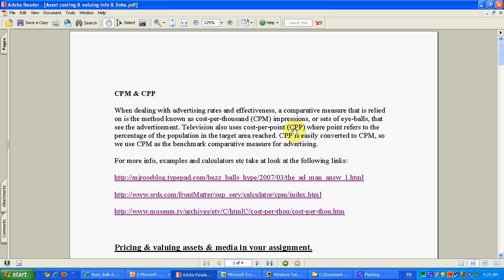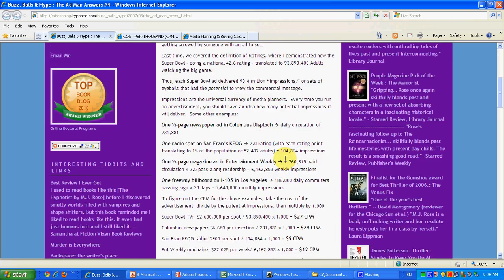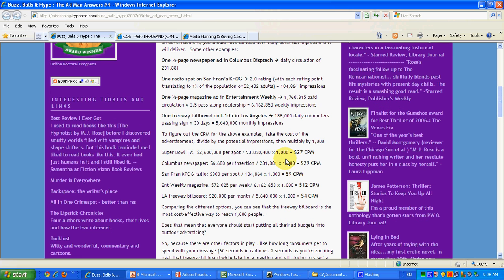Notes that in broadcast media we often see CPP, but it's easily converted to CPM, and CPM is the typical currency value that we refer to when we're trying to compare advertising. These links I've provided you here, the first one and the third one, provide you with some information on CPM. This is a little bit dated, it's 2007, but it still remains a good explanation of how CPM is calculated and how it can be used.